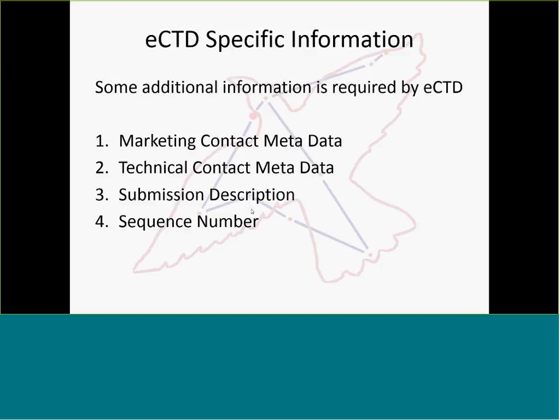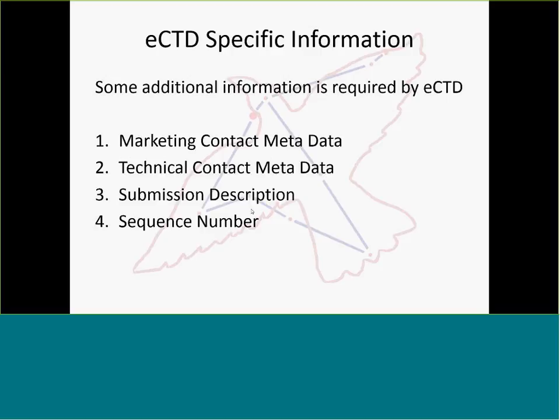Now, in addition to the information you had to submit already, there's some new information. There's what's called metadata. Metadata is information that is encoded into the backbone of the eCTD, and it allows computers to sort your information quickly and organize it so that it can be reviewed well.